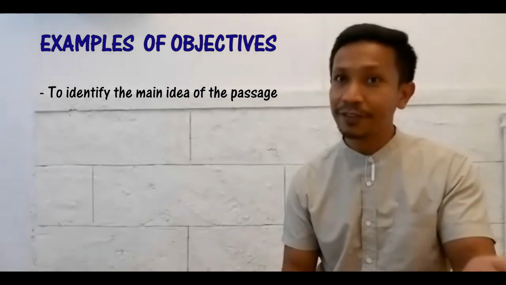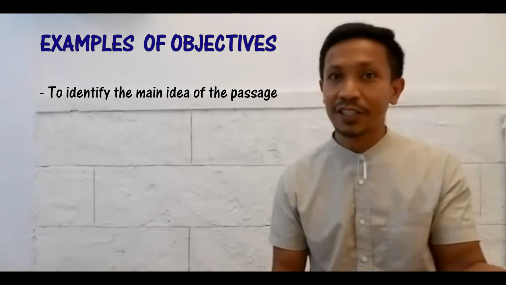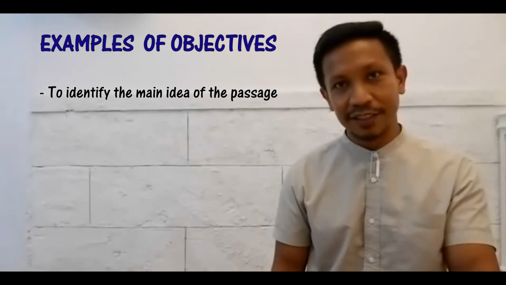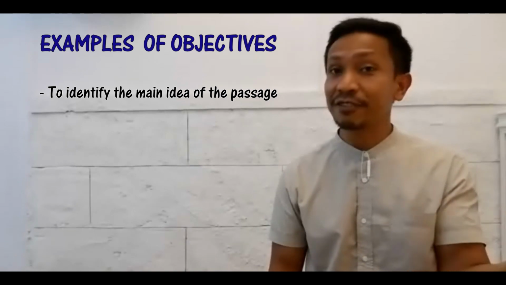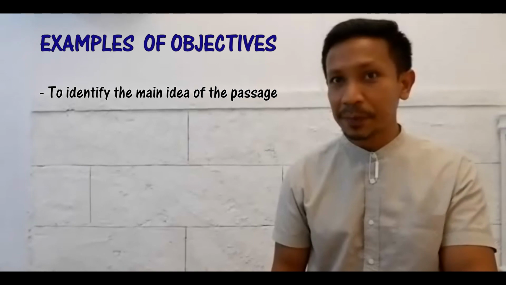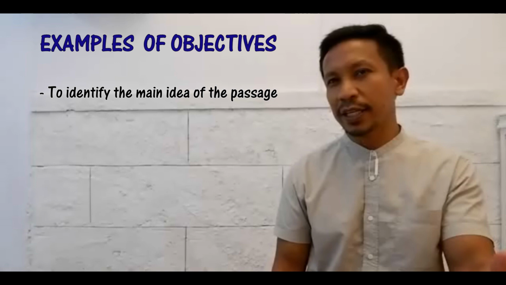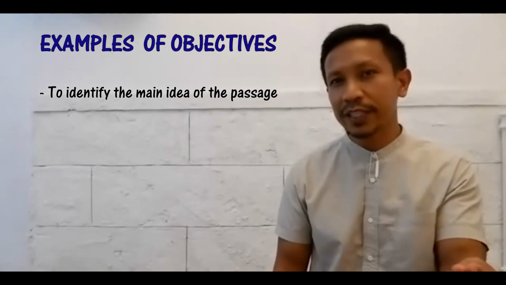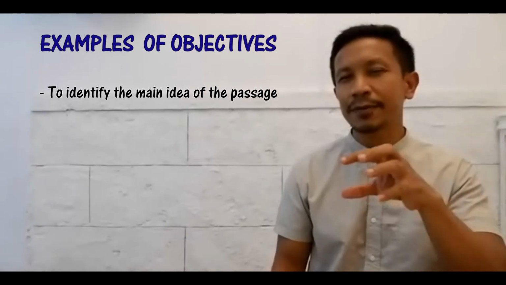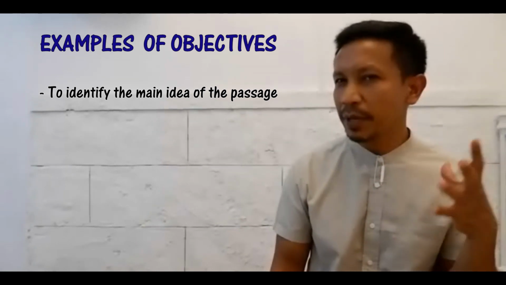For example, if your student cannot find it, that means they can't do that. But if they know the answer, or they can find the main idea, okay, they can write the main idea, it means they know it. Or probably they can write it, or they can say it, but not fully, so you can give them like half. So this is what we mean by a very clear objective. We can see and we can measure.